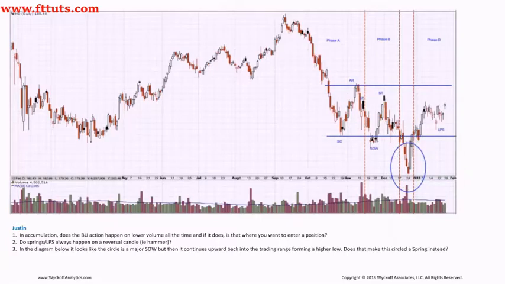A spring could be confused for a sign of weakness here if we look at the horizontal structure, because the commitment below is quite significant. There are one, two, three closes below the area of support, actually the support cluster here. So that view might not be the most favorable.